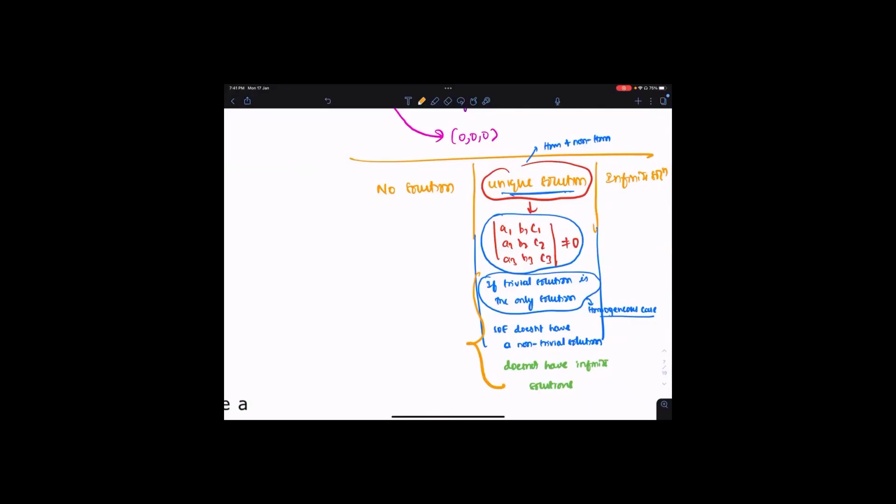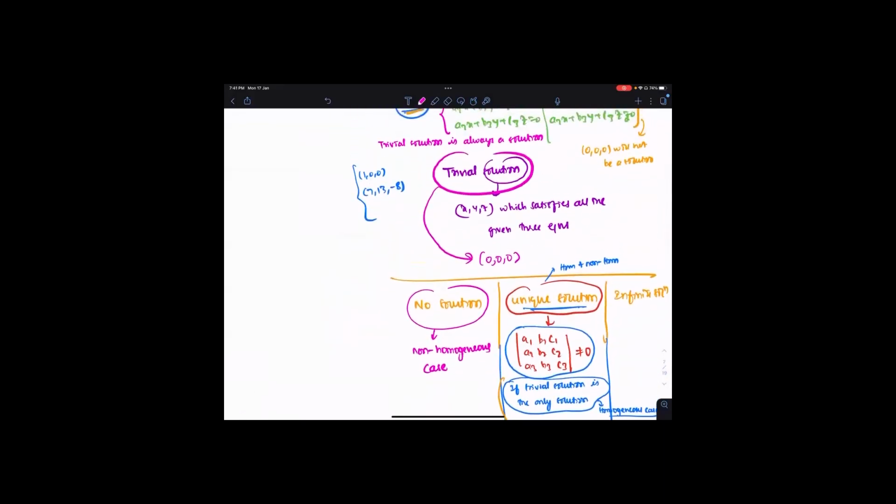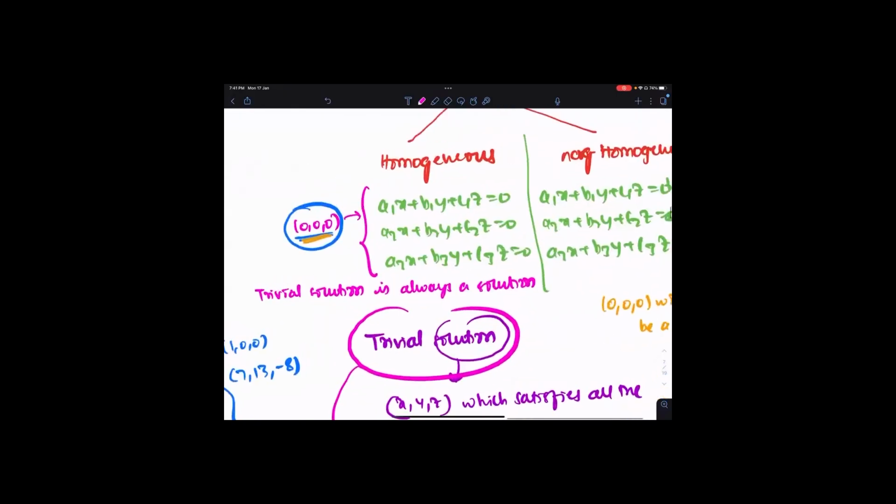We'll solve the questions, the things will be more clear. Okay, now the doubt will come mainly in no solution. Now this question will arise only in non-homogeneous case. Now this no solution situation will not arise in homogeneous case. Why? In homogeneous, definitely 0, 0, 0 will be the solution.